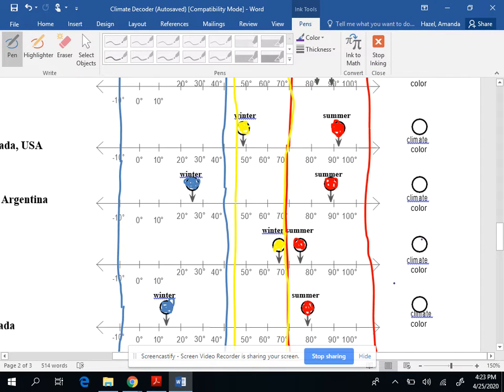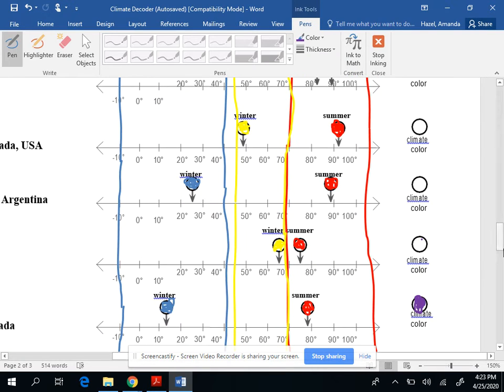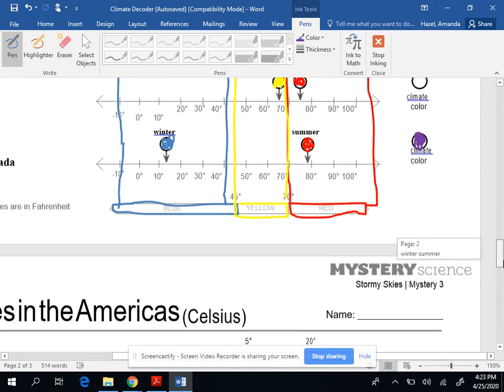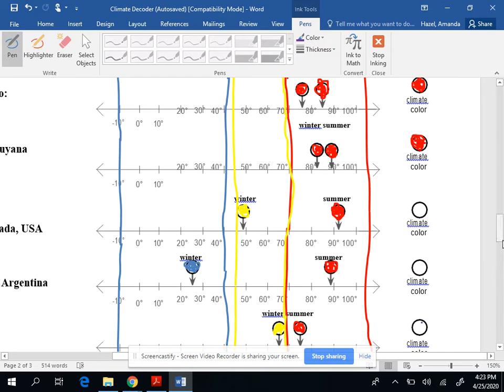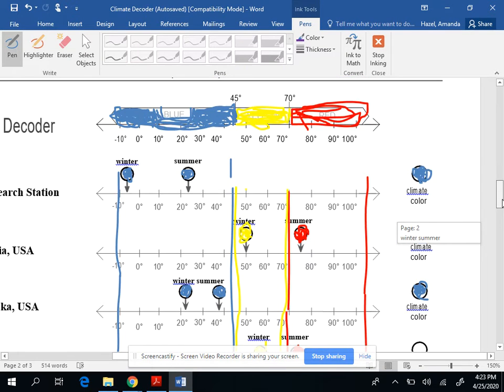Oh, I'm sorry. This one down here. Red and blue. So this place in Canada has cold winters but warm summers. Any other red and blue? Yeah, also in Argentina. Okay. Looks like we're good.